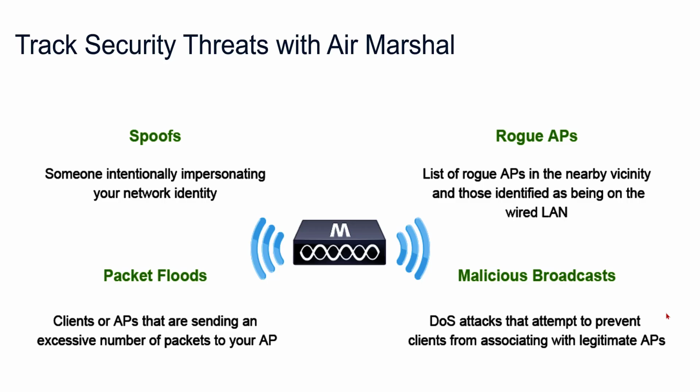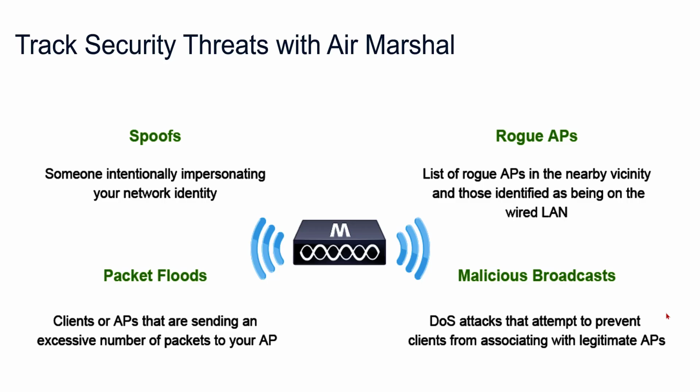Air Marshal is basically a wireless intrusion prevention system that's built directly into the MR platform. It runs off the dedicated scanning radio, so it's always monitoring that RF environment, but it doesn't affect your client traffic. I mean, at a real high level, it's passively scanning all the channels.